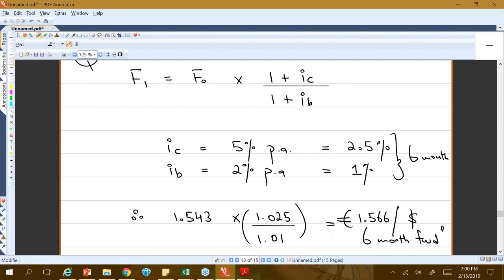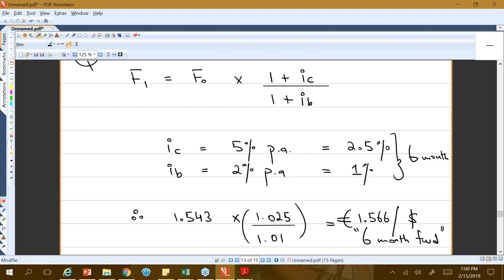A question to you here: what if the examining team asked us for a 1-year forward rate? What would you have done differently in this working?